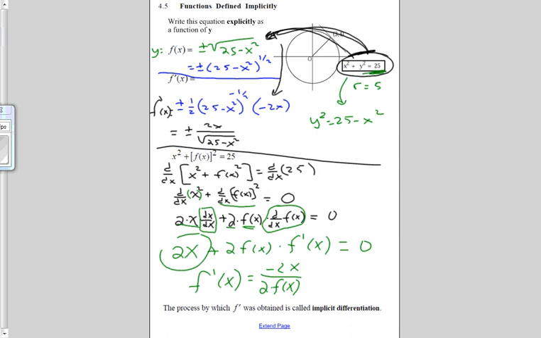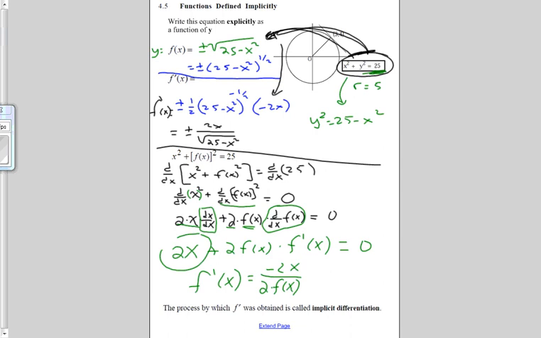Well, at this point, the last step is just to substitute. Then we know f of x. Well, granted, let me stop.